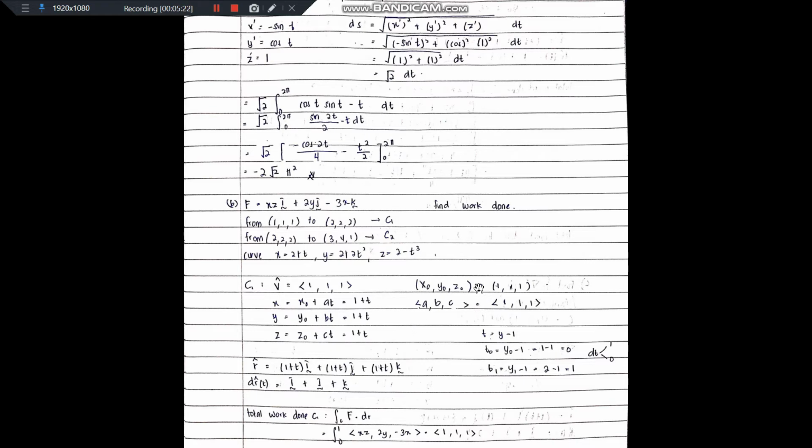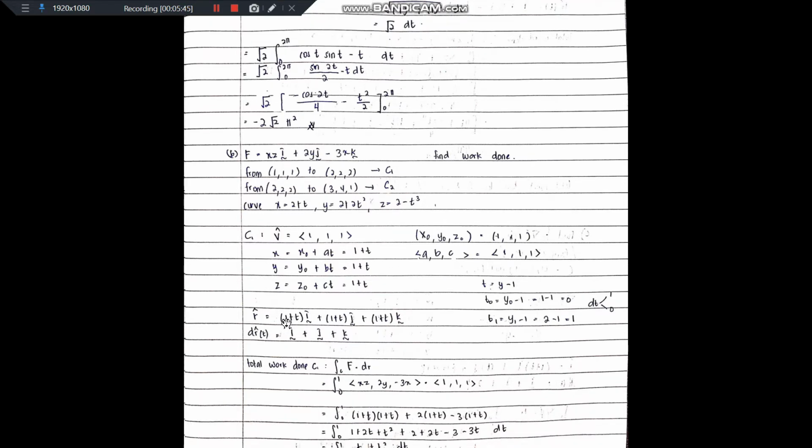So x naught, y naught, z naught is the first point, (1, 1, 1), and a, b, c is the direction. Then we get x equals 1 plus t, y equals 1 plus t, and z equals 1 plus t. From this, we get the limit for t, which is 0 to 1.